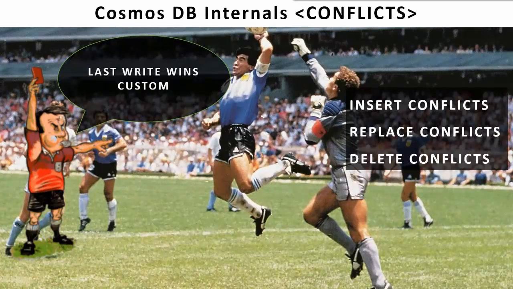Then when a conflict occurs in the system, it's going to be put in a queue, and the system is going to run your merge stored procedure for each problem and try to fix it in the backend. So in that case, you have full control of how you merge the data when a conflict happens.